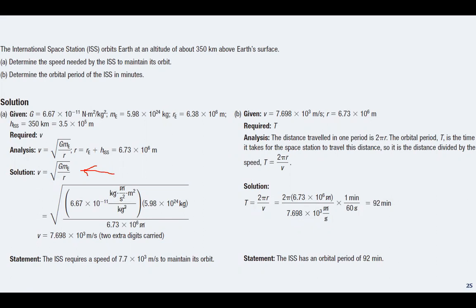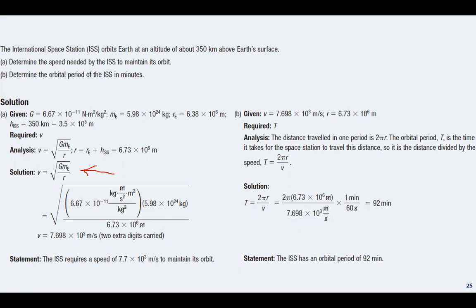So r should equal R_E, which is the radius of the Earth, plus the height of the space station, which is approximately 6.73 times 10 raised to the power of 6 meters.